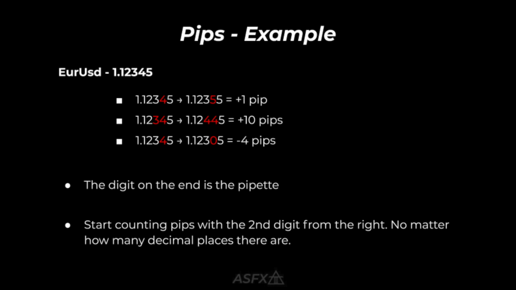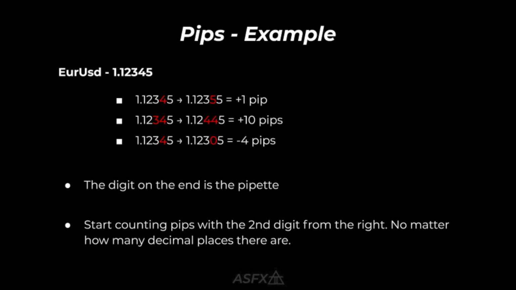If the 34 changes to a 44, that increases us by 10 pips. So you can see the second digit from the right when you're reading a currency pair is your ones placeholder when counting pips. The third digit from the right is your tens placeholder when counting pips.